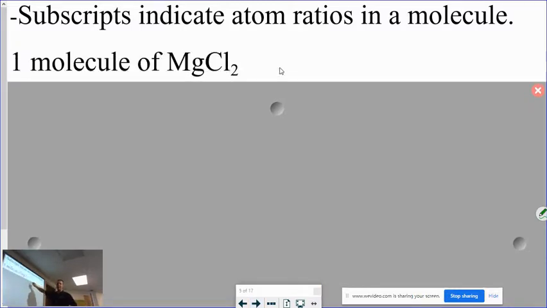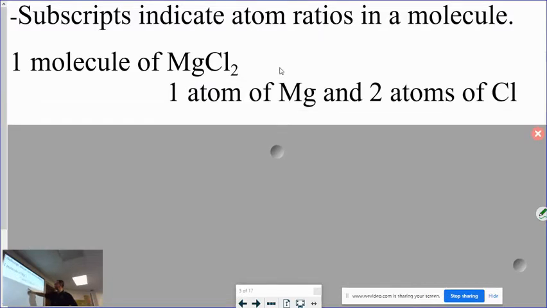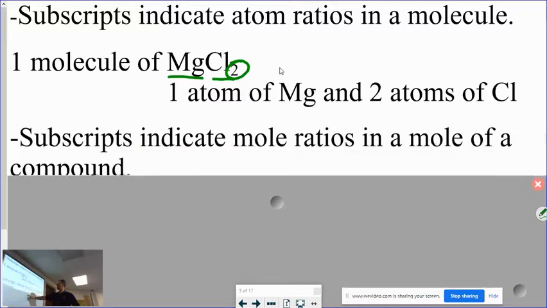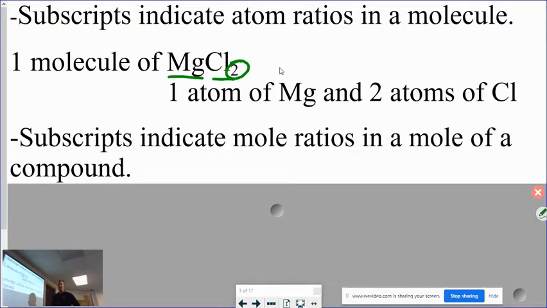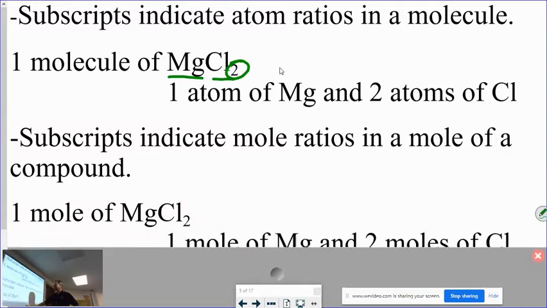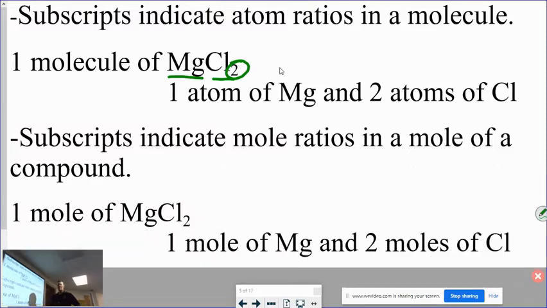So in 1 molecule of MgCl2, there's 1 atom of Mg and 2 atoms of Cl. Subscripts indicate mole ratios in a compound. So if we have 1 mole of MgCl2, we would have 1 mole of magnesium and 2 moles of Cl.